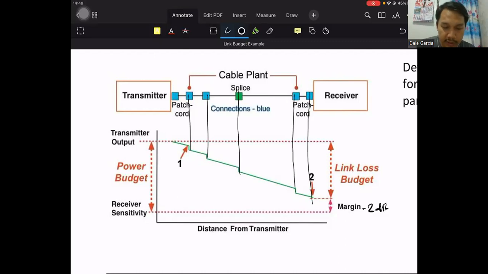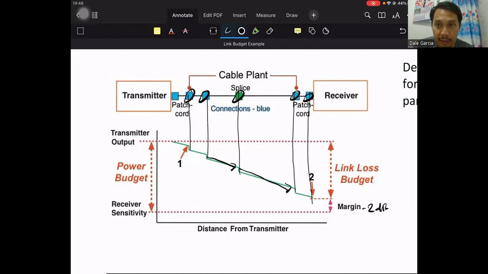So each of these adds to the losses. Each of the connectors and splices subtracts losses. Not only that, notice also that from one connection to another, from connector to connector or connector to splice, our signal also goes down.